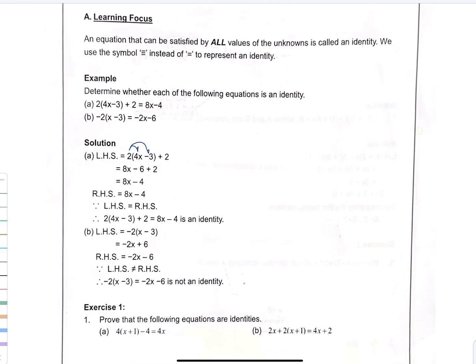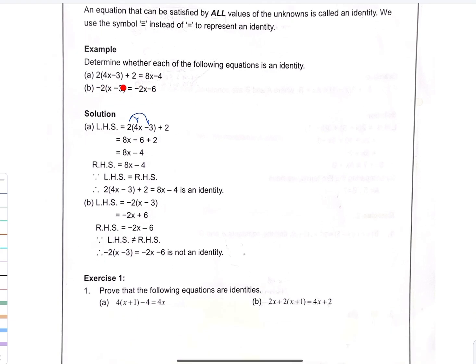So if you want to prove if it's an identity or not, take out the left hand side first. Let's take it out, and then open up. The thing outside goes inside. So -2 times x, -2x, and then -2 times -3, you can click the calculator, you will have +6. Now, why is it positive, right?